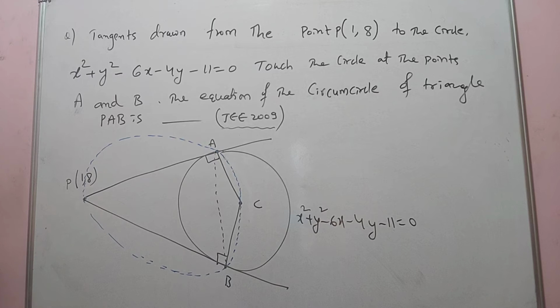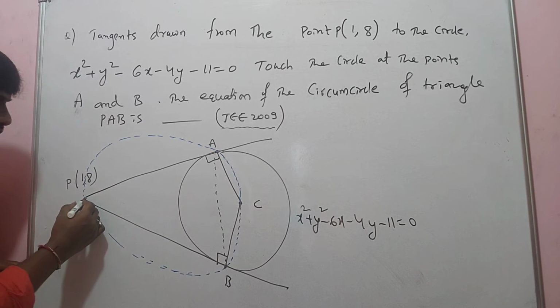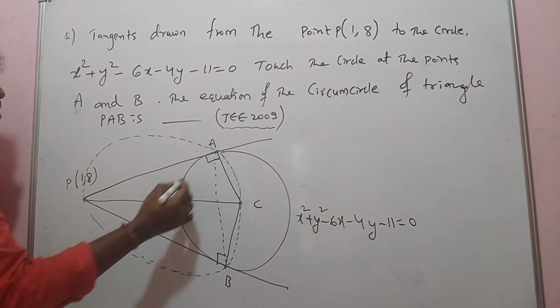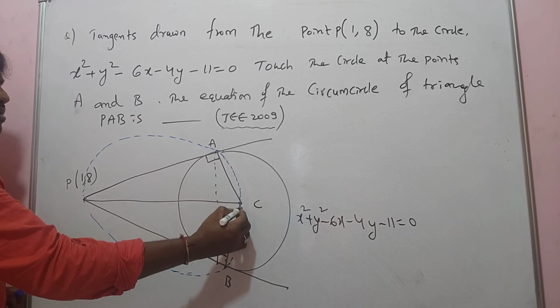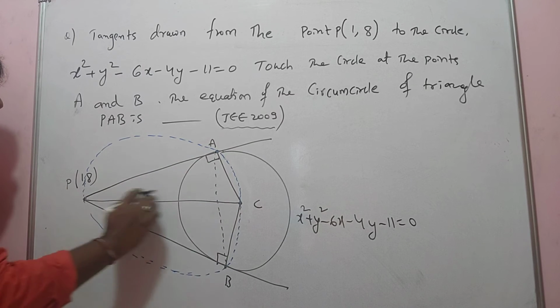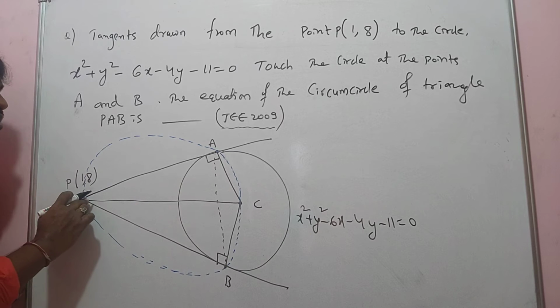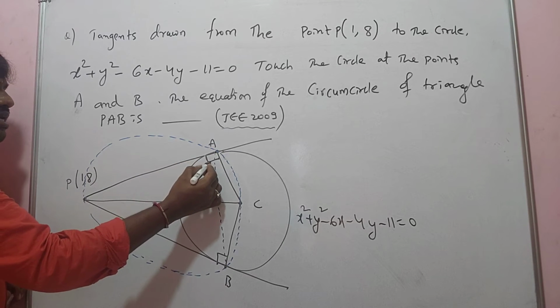For this circumcircle I gave a direct formula also. And one more way to find it: if you join these two, then PC becomes the diameter, because this angle is 90 degrees.